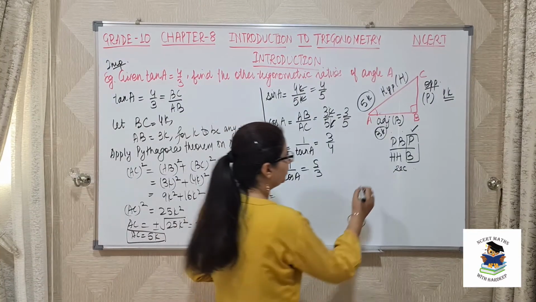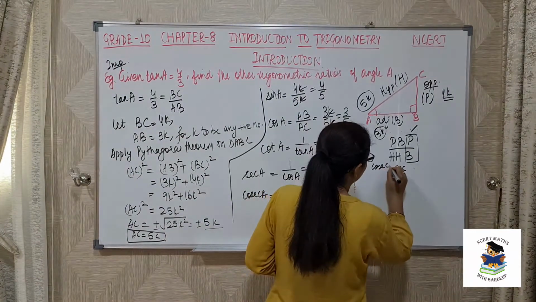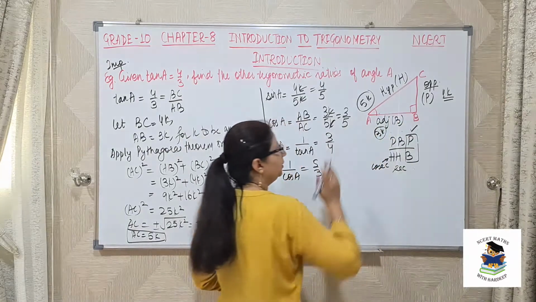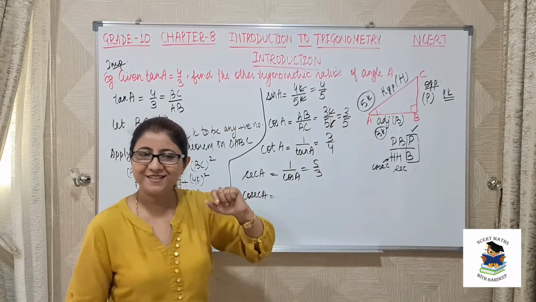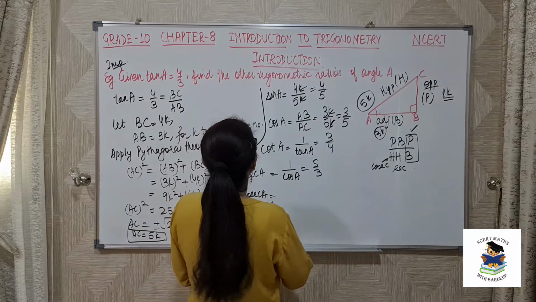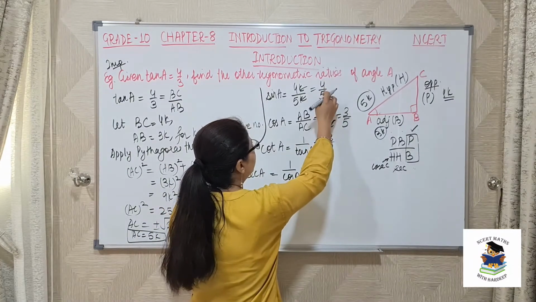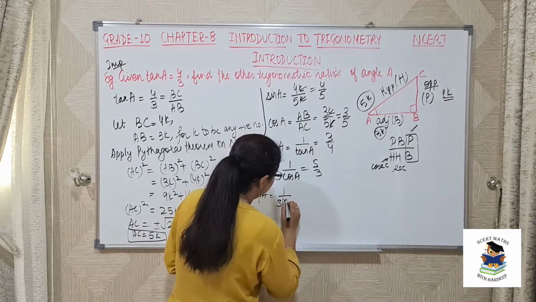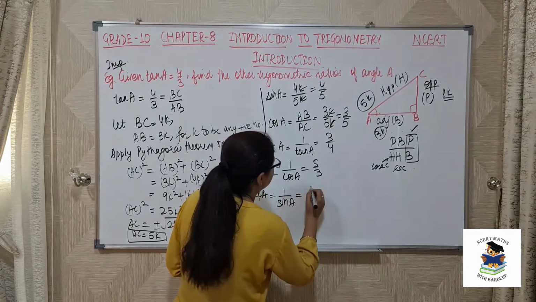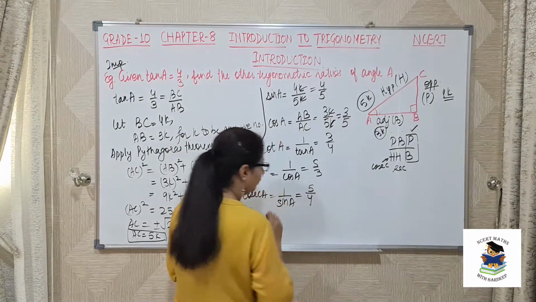Next is cosecant, the last one. This is hypotenuse over perpendicular, or the reciprocal of sine. Sine is 4 by 5, so the reciprocal will be 5 by 4. We can write here 1 over sine A. This is 5 over 4.